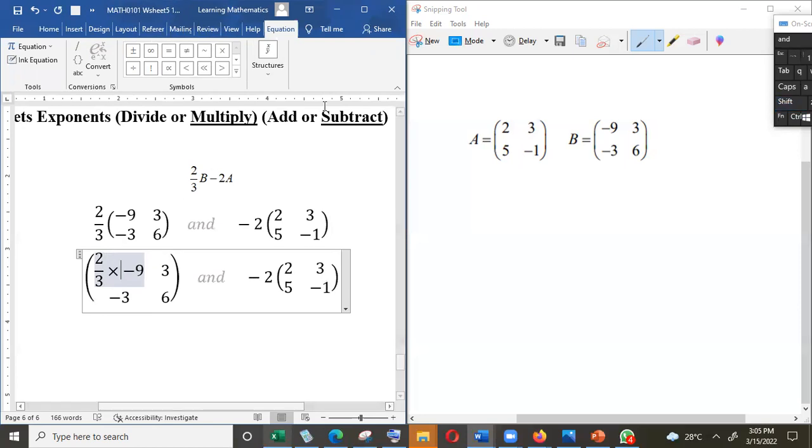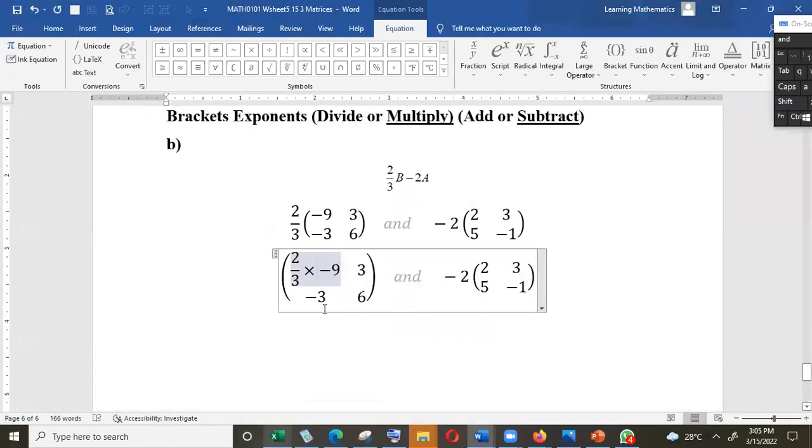We have to multiply 2/3 to every element that's in the first matrix.